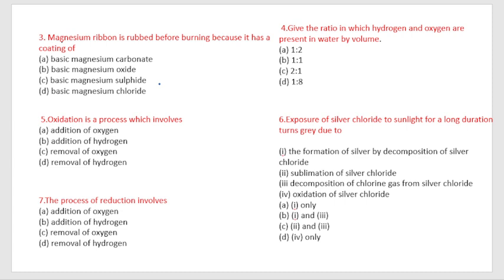By reacting with oxygen, oxides will be formed. So there will be a formation of magnesium oxide and it will stay as a coating. So this is your answer, and its nature will be basic magnesium oxide.